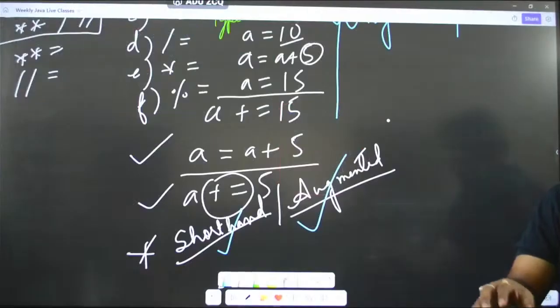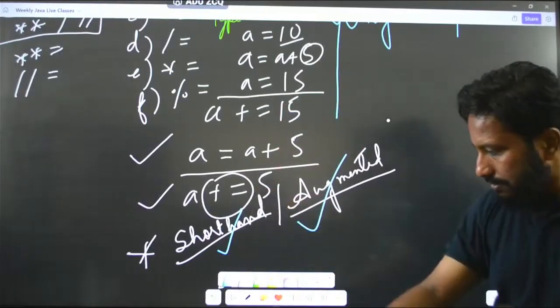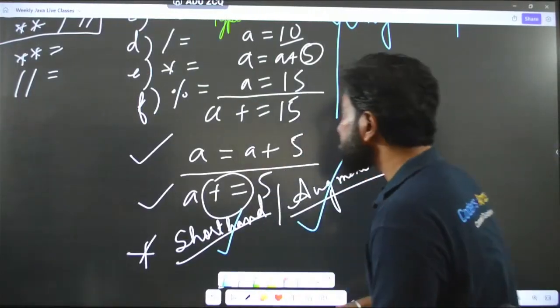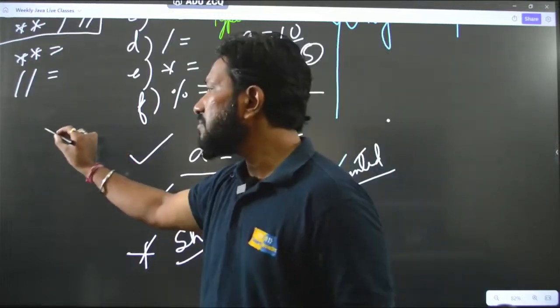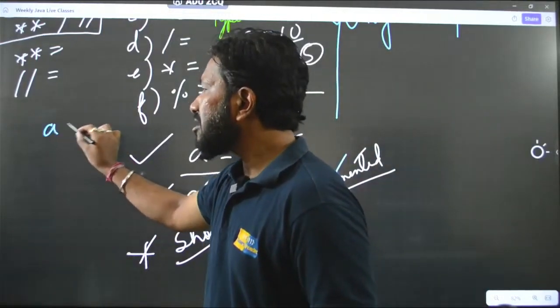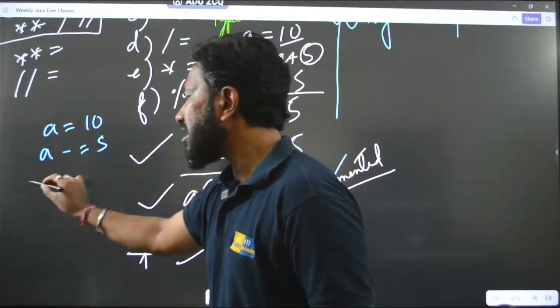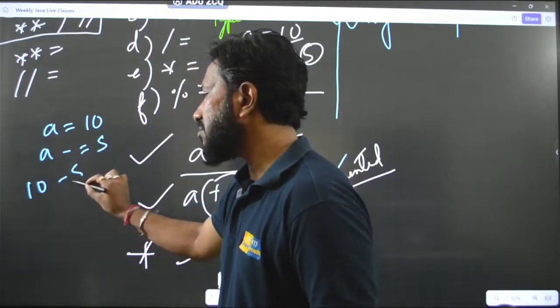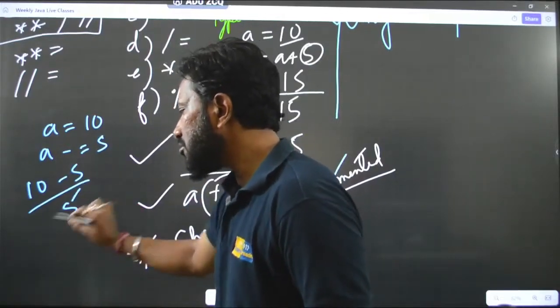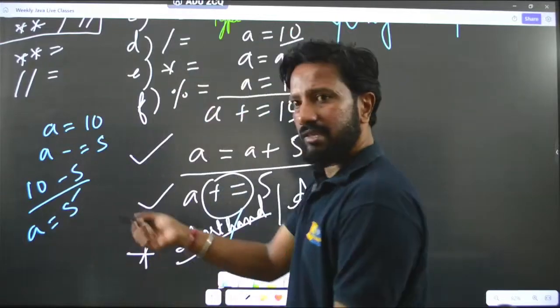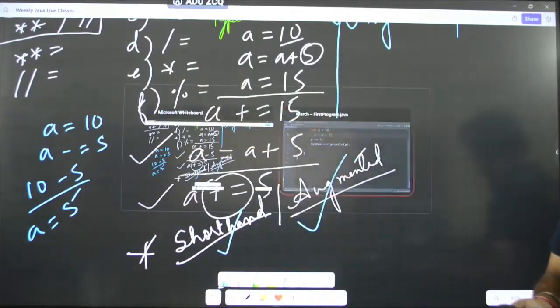If you talk about the other ones, if I take a is equal to 10, if I say a minus equal to 5, that means 10 minus 5, which is 5, which will be stored inside a. Let's see if this is working the same way or not.